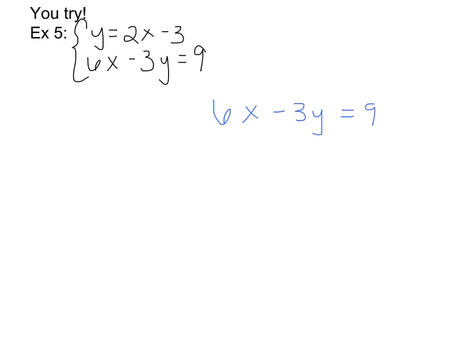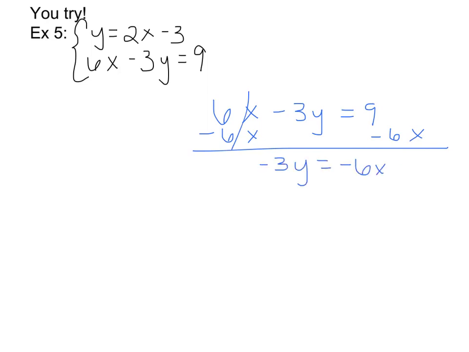To move positive 6x to the other side, I subtract 6x. And that leaves me with -3y equals -6x plus 9. And then to get rid of my -3, I divide everything by -3. So that gives me y equals, a negative divided by a negative is a positive 2x. 9 divided by -3 gives me -3.